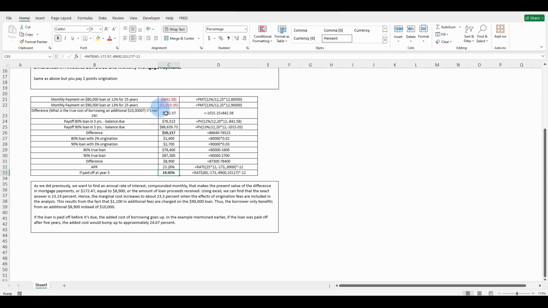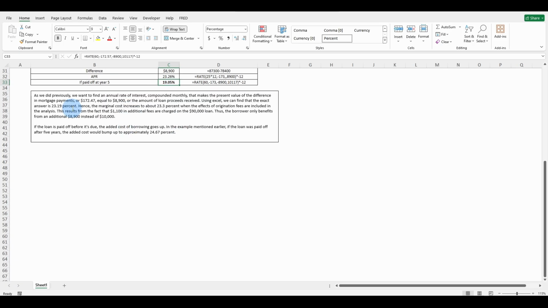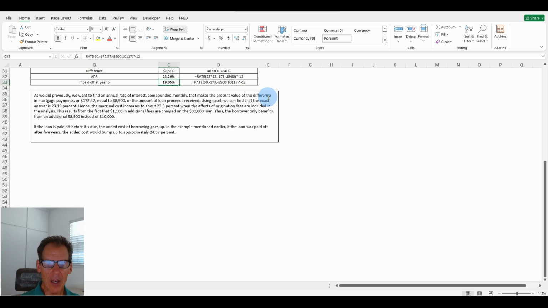You can go through and massage the information here. We've gone through this. What you're looking at here is just the incremental calculations. As we did previously, we want to find an annual rate of interest, compounded monthly, that makes the present value of the difference in mortgage payments, 172, equal to 8,900, or the amount of loan proceeds received.